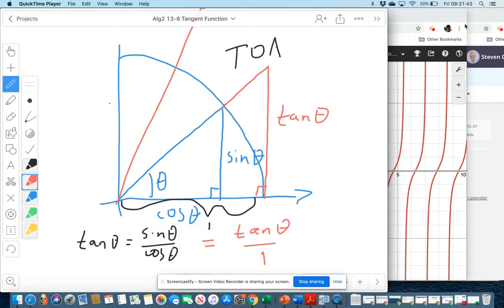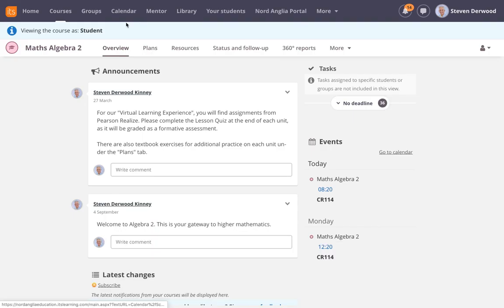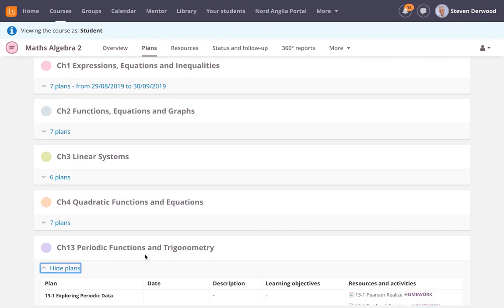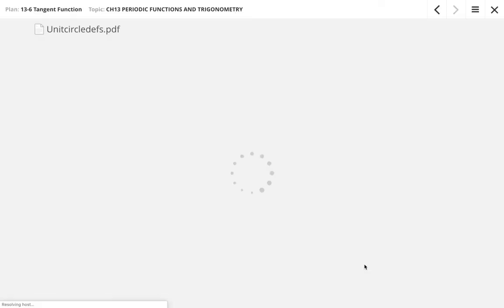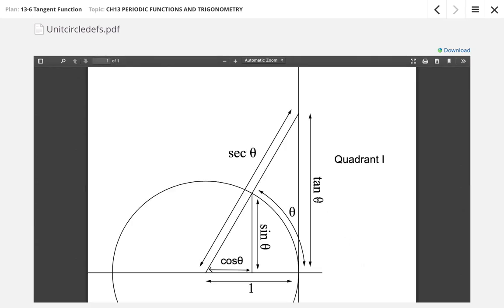All right, finally, I did put a nice picture of these definitions on It's Learning for my class at Collège de Léman. You can look at the plan for chapter 13 and see it down here, a picture that I borrowed from Wikipedia, and I drew on it a little bit to show that the tangent is this length outside.